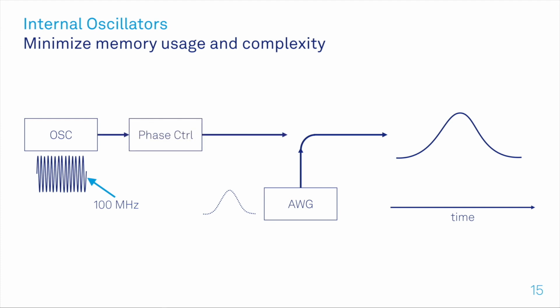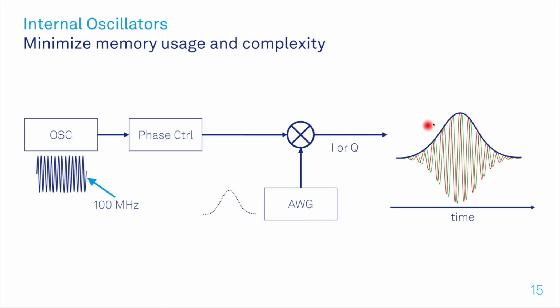And what we can do now is multiply this sinusoidal signal at the output of our AWG, and then what we get is a nice AWG defined envelope with a specific frequency and phase.